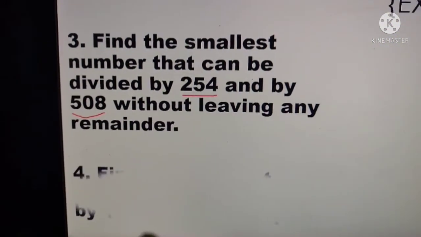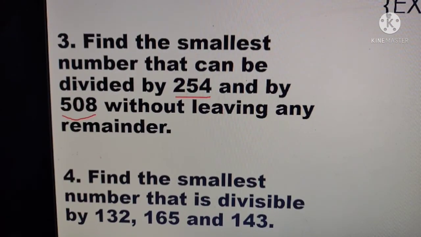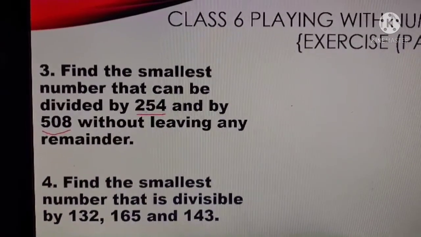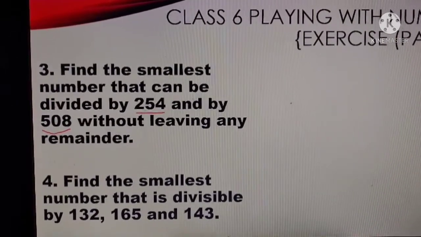It says: find the smallest number that is divisible by 132, 165 and 143. Same question as question number 3. That means here also we have to find the LCM of these three numbers. So let's find.